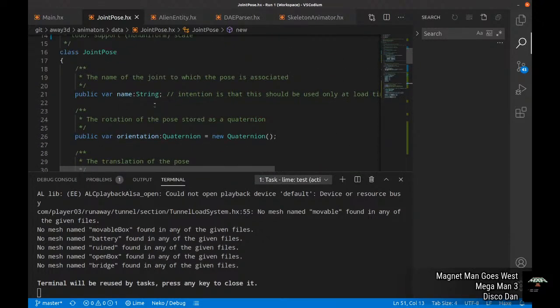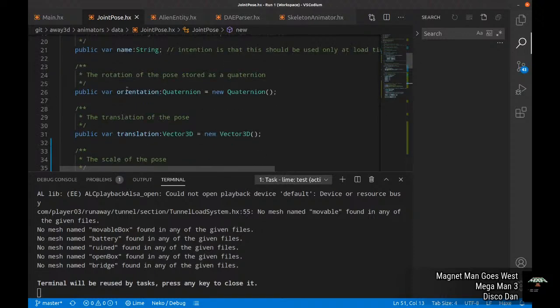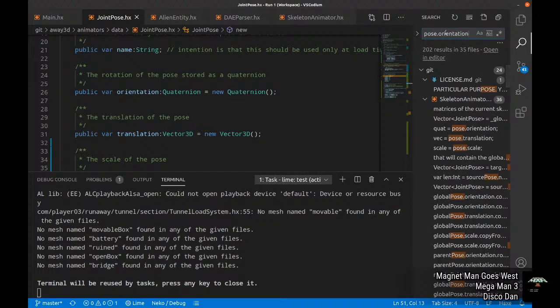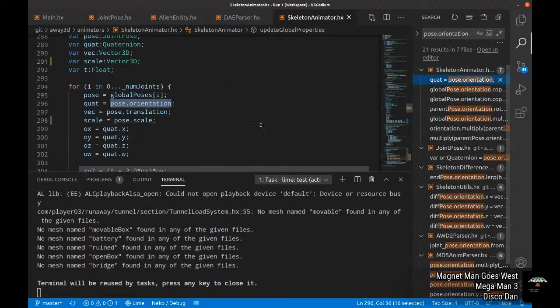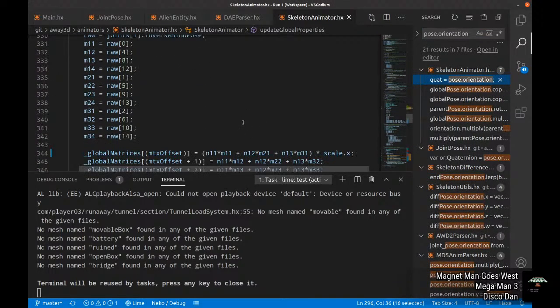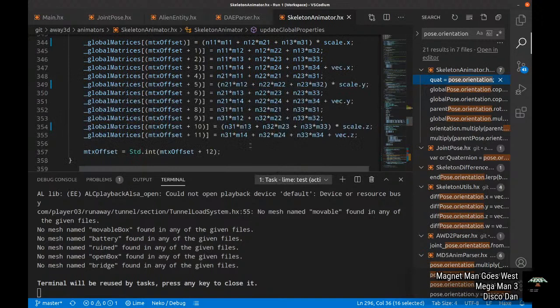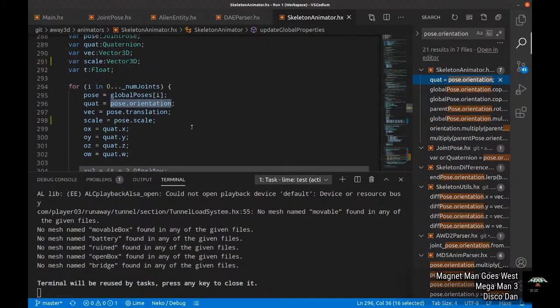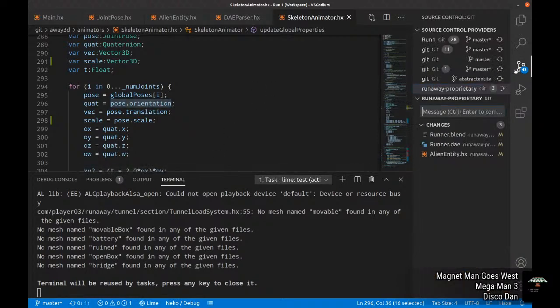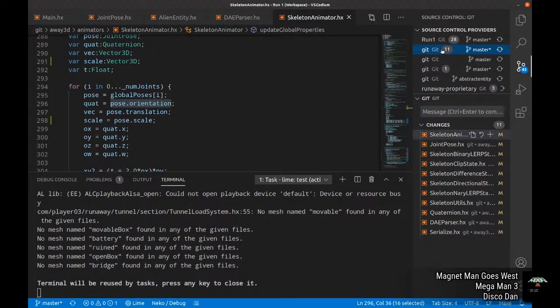So I guess my next question is, can and should I just be storing this data as a matrix? And I think before I answer that, I need to stash this.